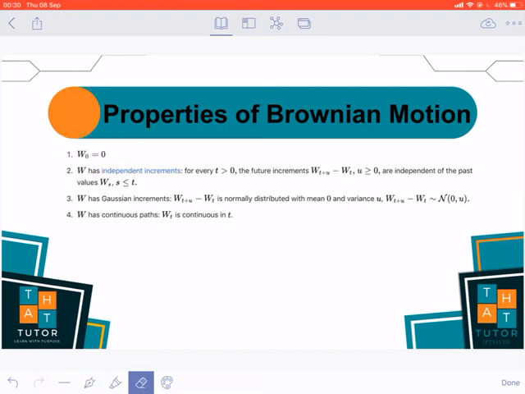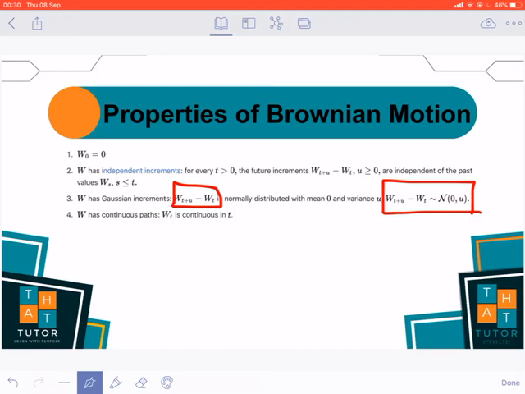And each increment is independent, and also the increments of the process are going to be independent from each other, so long as there is some time interval between them. And also the Brownian motion, or the random walk, or the Wiener process, is going to have a normal distribution with mean 0 and variance time.